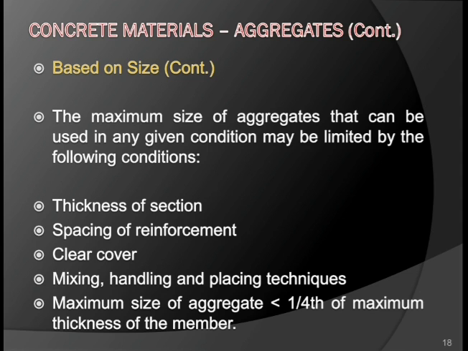The maximum size of aggregate that can be used in any given condition may be limited by the following conditions. So how will we select the size of aggregate? For that, we have to see the thickness of section, where it is placed, whether it is beam, column or dam. Based on the width of beam and column, we can select the size of aggregate. Second, spacing of reinforcement, the distance between two steels, can also help to select the size.